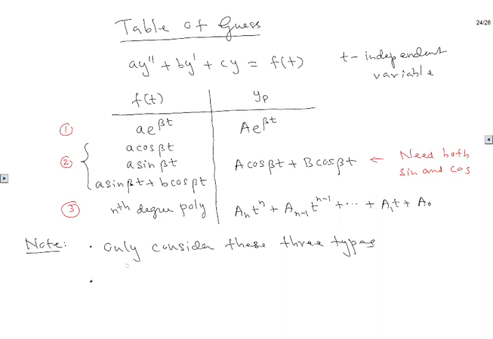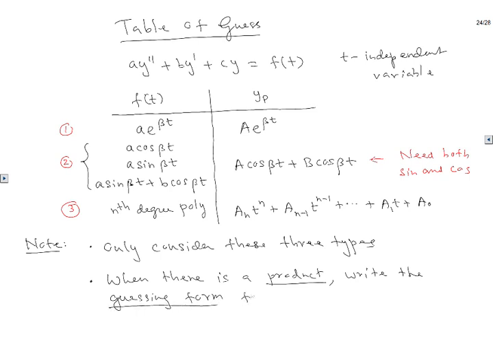So when there is a product of these types, write the guessing form for each type and multiply them.